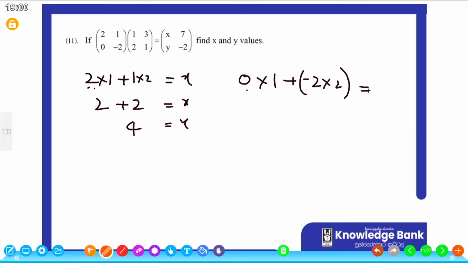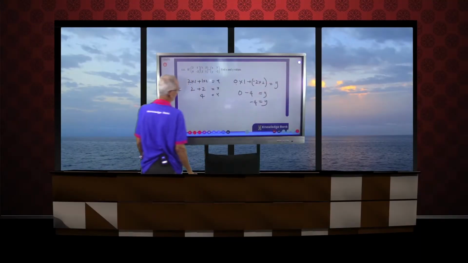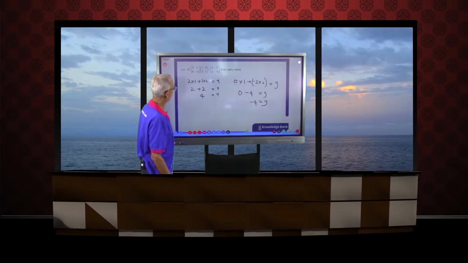That is y. 0 into 1 is 0, and minus 2 into 2 is minus 4. Therefore, y is equal to minus 4. That's the answer for question number 11. x is equal to 4 and y is equal to minus 4.